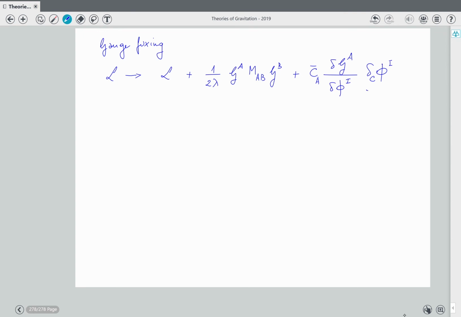So this is the gauge transformation. So let's say GA are the gauge conditions, some functions of phi. Typically they are linear in phi. Phi I are the fields. And then you will have anti-ghosts, and Fadeev-Popov ghosts.